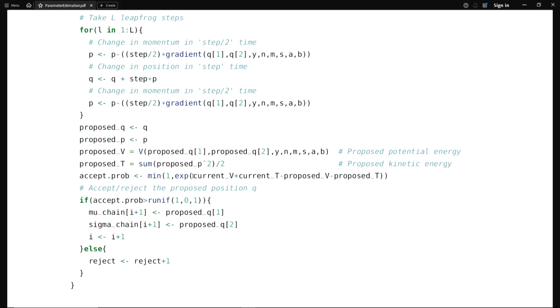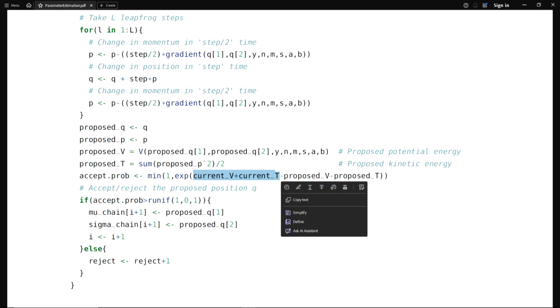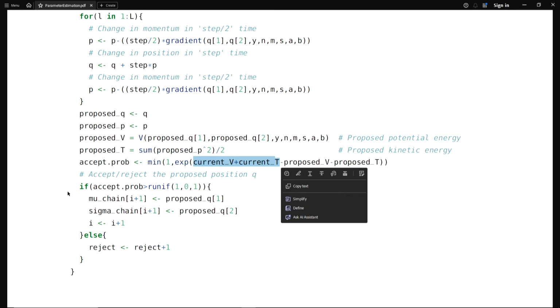All I need to do is take the exponent of current V plus current T minus proposed V minus proposed T, and then take the minimum of this. Then I make a criterion based on this acceptance probability. I can generate, for example, from a Bernoulli distribution.